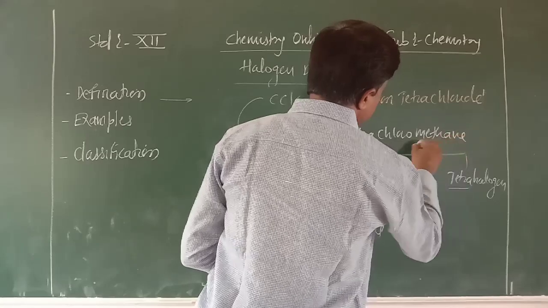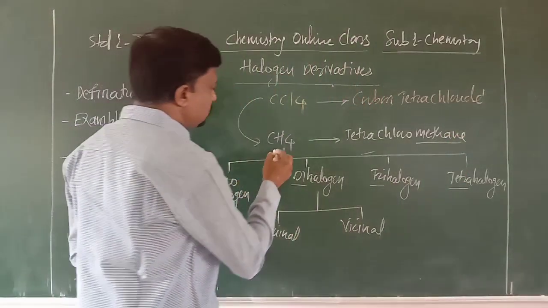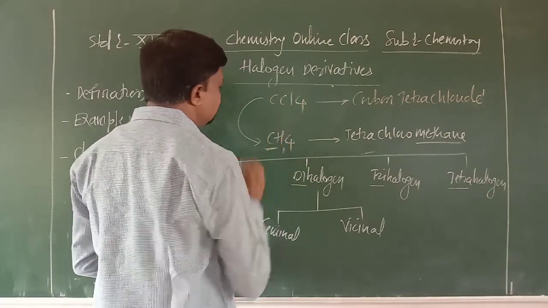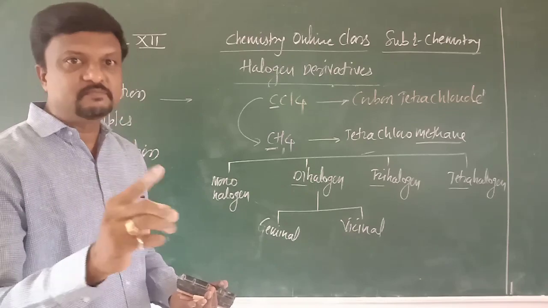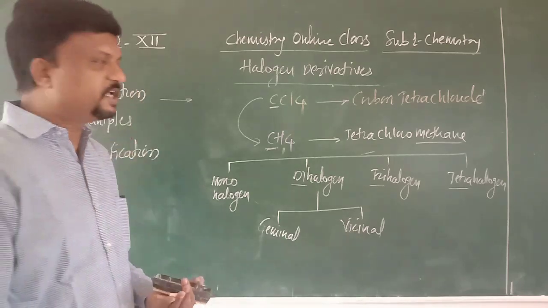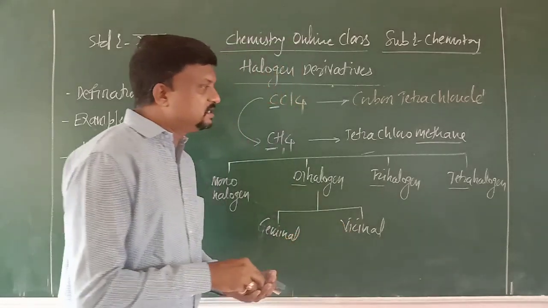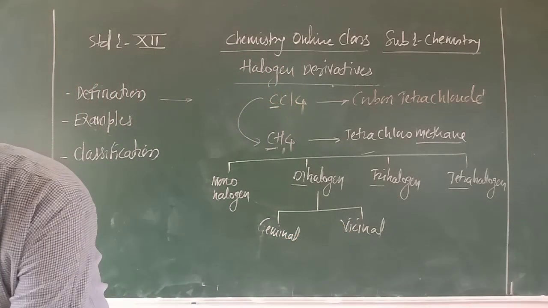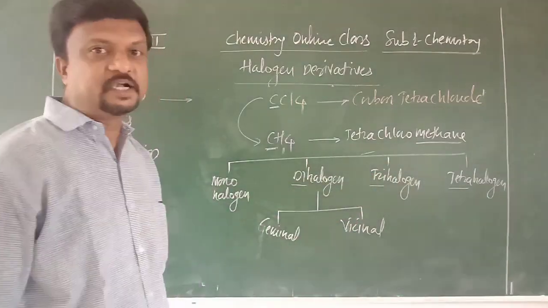Again, the base name of this compound is methane, because it contains only one carbon atom, and if an organic compound contains only one carbon atom, it is a derivative of methane. That's why it is tetrachloromethane. This is the example for the tetrahalogen derivative or tetrahalides.